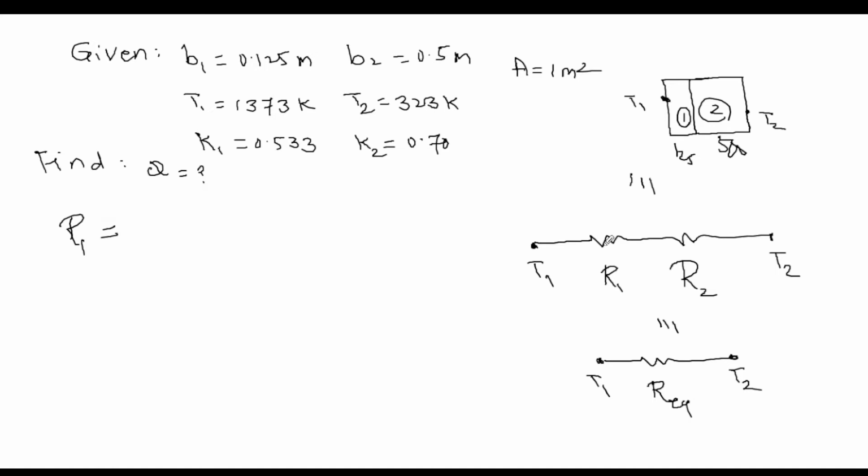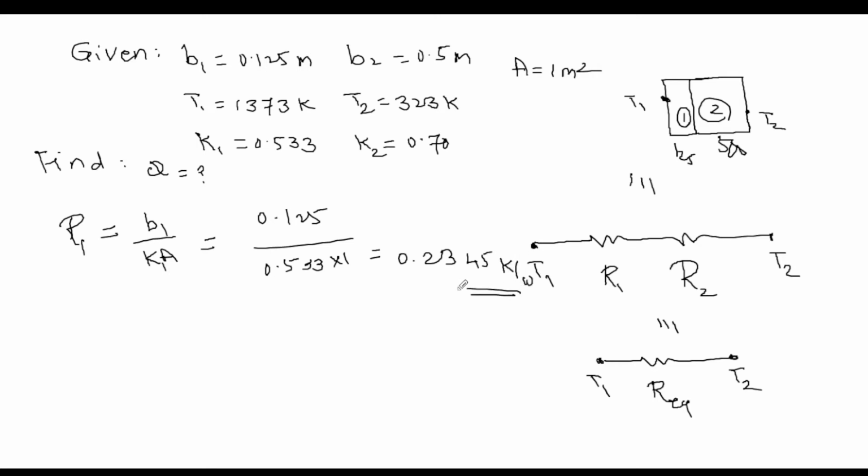First we calculate R1, the resistance due to wall 1, which equals B1 by K1 A, that is 0.125 by 0.533 into A, where A is 1. We will get R1 as 0.2345 Kelvin per watt.